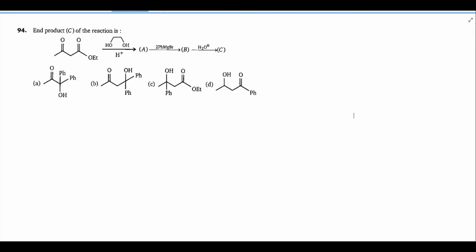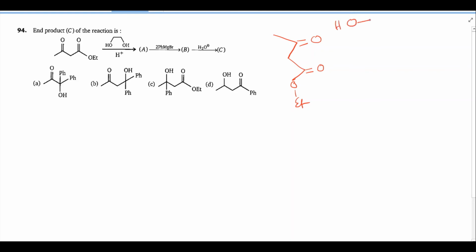So you can see the mechanism. I'll tell here, I will write it like this. This is C double bond O, and here this is again C double bond O, OEt. This is treated with ethylene glycol.